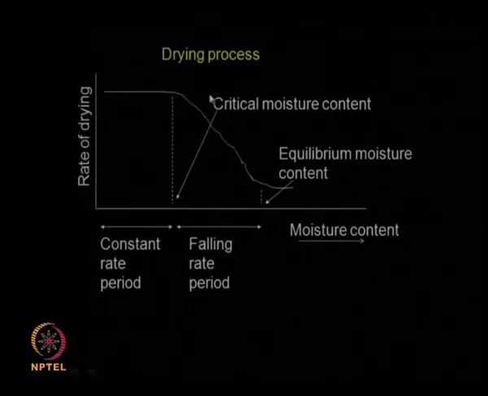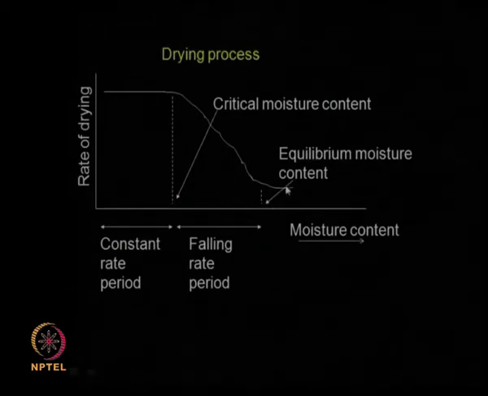So initially you have a constant rate period, and then the rate of drying falls down as a function of time. Finally the amount of moisture present in the solid reaches an equilibrium value with the surrounding air. The surrounding air contains a certain relative humidity, so this particular moisture content is called the equilibrium moisture content.